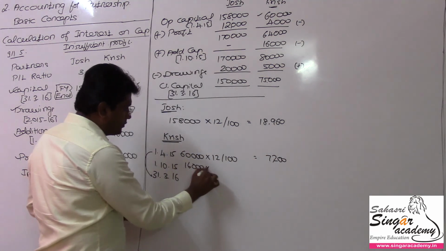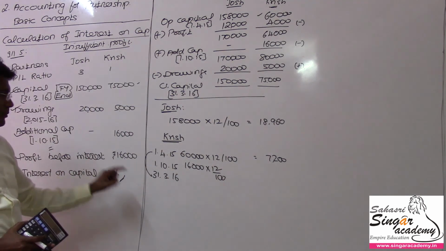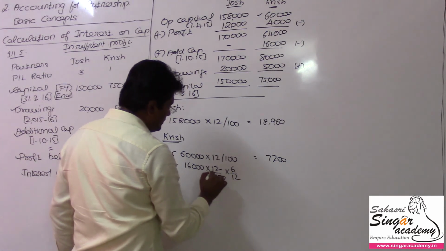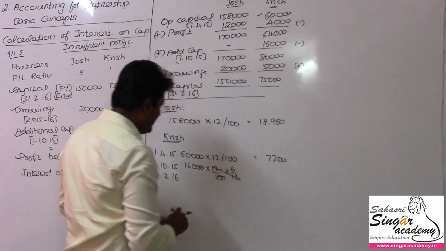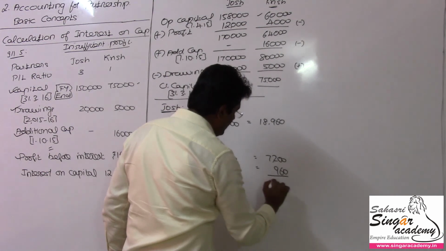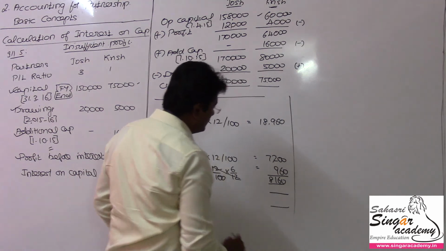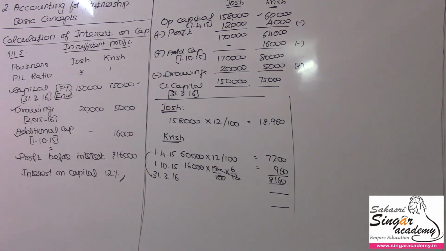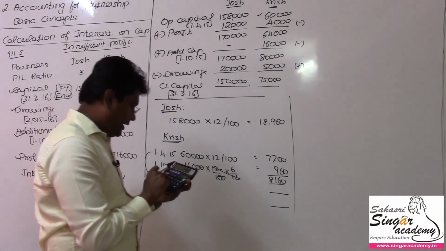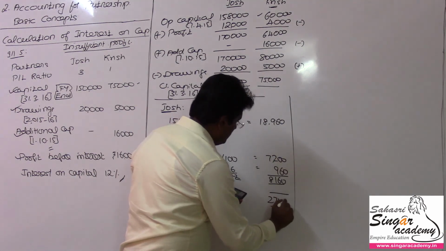For the next one, 16,000 into 12%, since it is introduced only on 1st October, from 1st October to 31st March we have only 6 months. It will attract interest for the 6 months period only, so the value will be 960. So Krish will be eligible for 8,160. The overall interest on capital for these two partners put together will be 18,960 plus 8,160, which is 27,120.